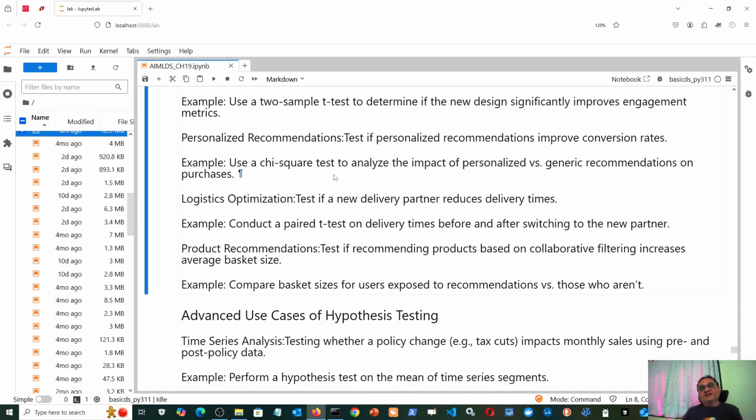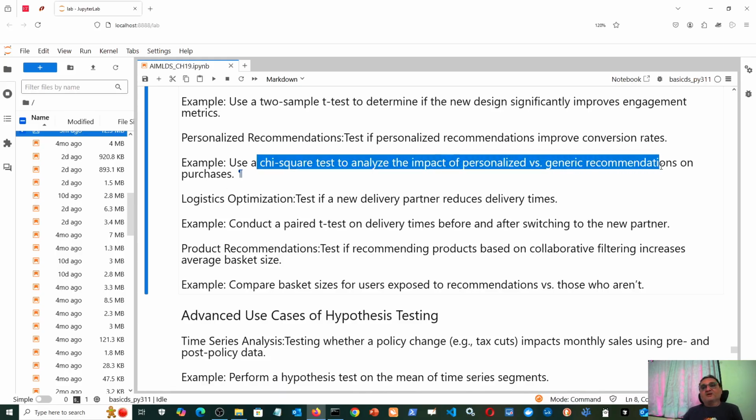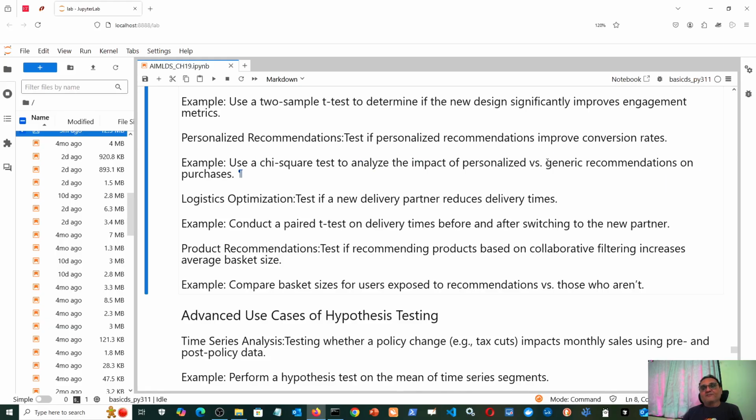So again, you have designed null and alternative hypotheses, and you have to test them. For that, we can use a chi-square test to study the impact of personalized versus generic recommendation. Generic recommendations are just that if he has clicked on a mouse, then show him all mouses. But personalized is what I told you: based on your past purchase behavior, they can show you only a custom type of mouse, right? So that is personalized recommendations and the role of hypothesis testing in that.